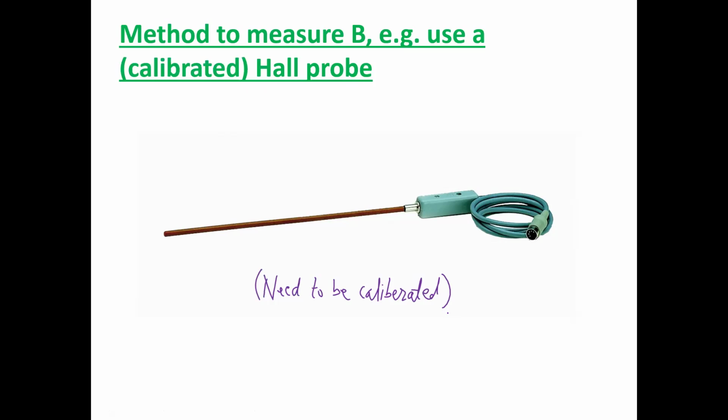Then you put it in the target magnetic field, determine the voltage there, and apply the ratio to get the new magnetic field. There are two instruments in our course, the CRO and the Hall probe, which need calibration before use.